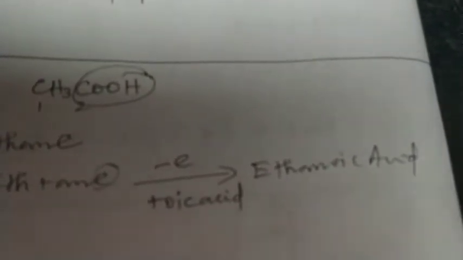So when we write, what do we have to do? We have to replace E and add OIC acid when a carboxylic group is given. So it's going to be ethanoic acid.